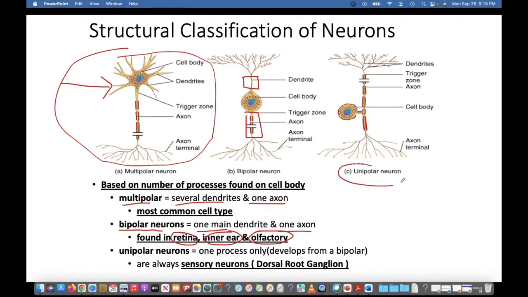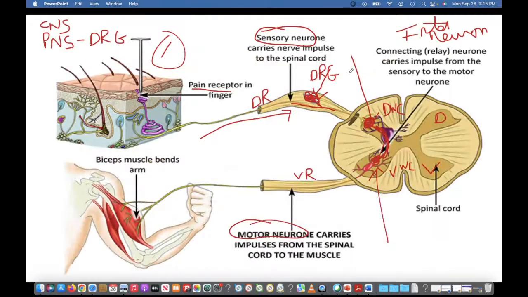Now this one here, the unipolar, this one is always sensory. Now if you look at this, but let's say I put it horizontal. If I put it horizontal, it looks like this. And where did we see this unipolar neuron? I think we saw it right here.